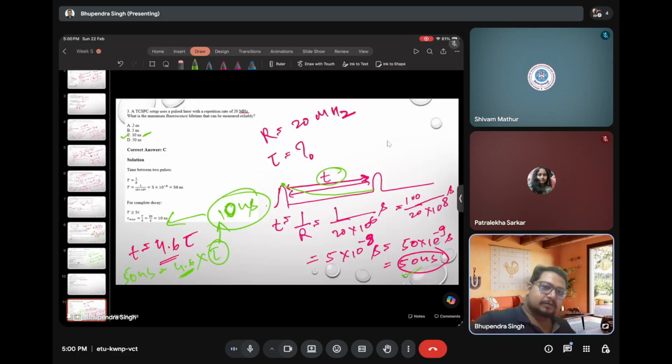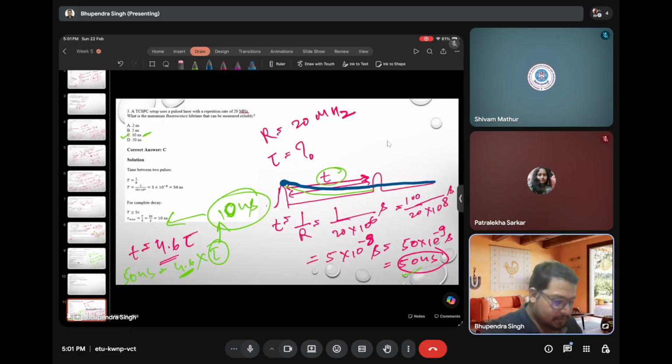So the repetition rate can be 20 megahertz, but the lifetime of the molecule cannot be 12 nanoseconds. Otherwise, what will happen? It is decaying from here, but the lifetime is high, so not all the molecules from the excited state will come back to the ground state.